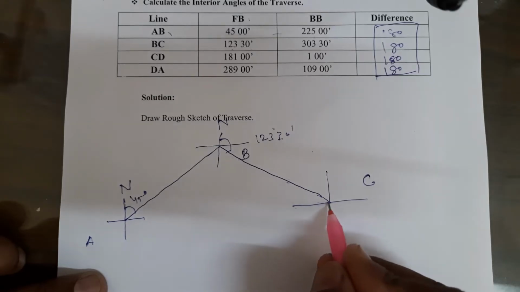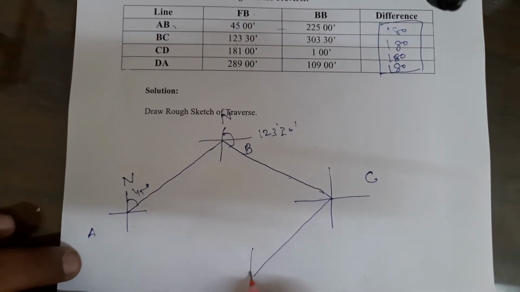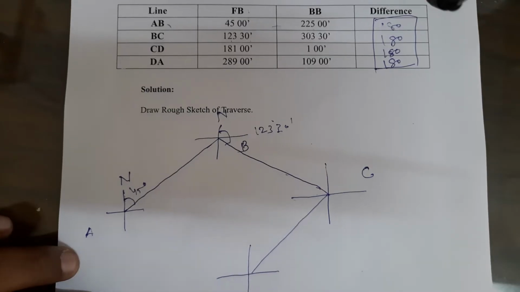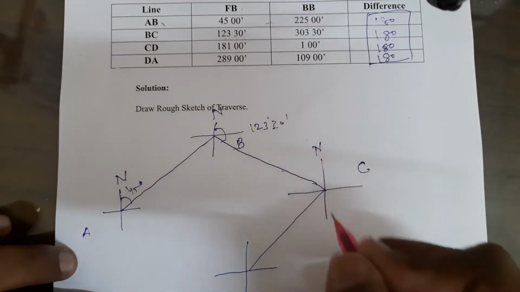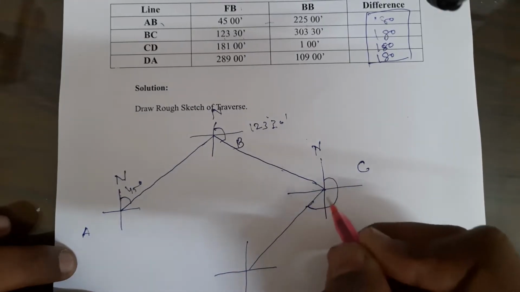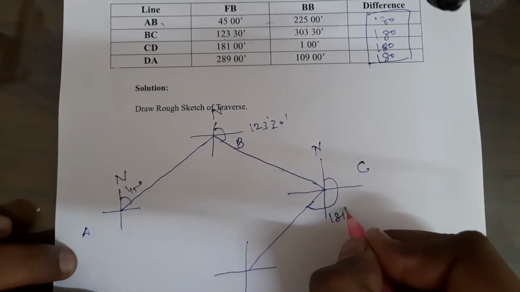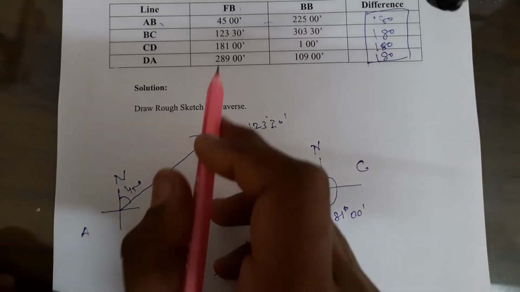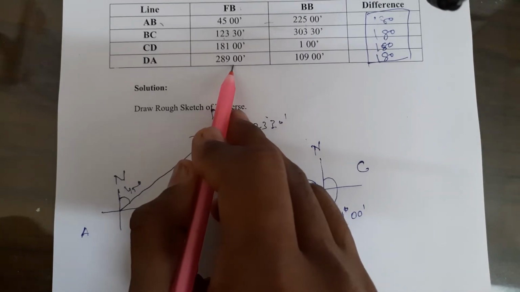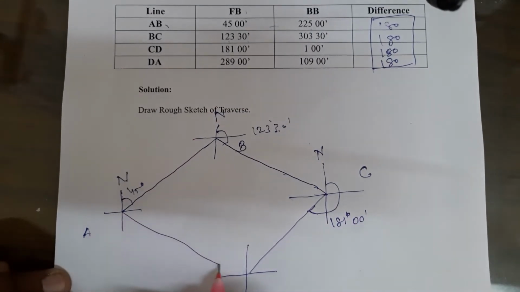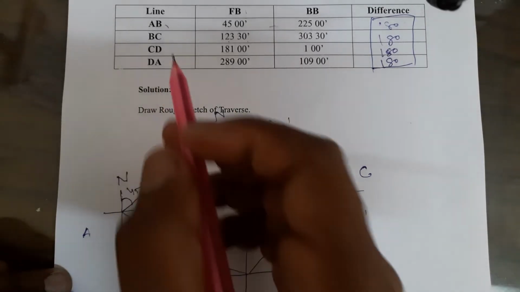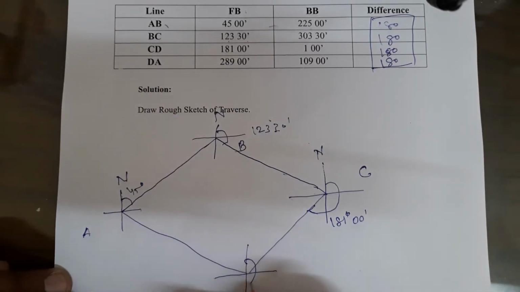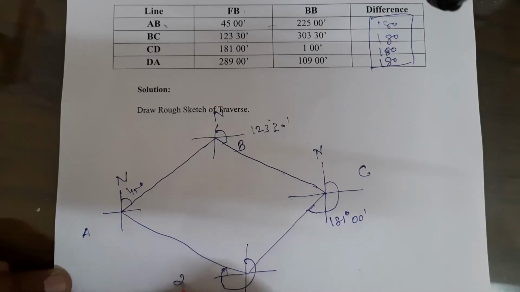So from here, this is your D point, and with respect to the north direction, this bearing is equal to 181 degree 0 minute. Now from D to A, this is the forebearing, 289 means it is in the fourth quadrant. So this is your fourth quadrant, and DA is equal to 289 degree 00 minute.